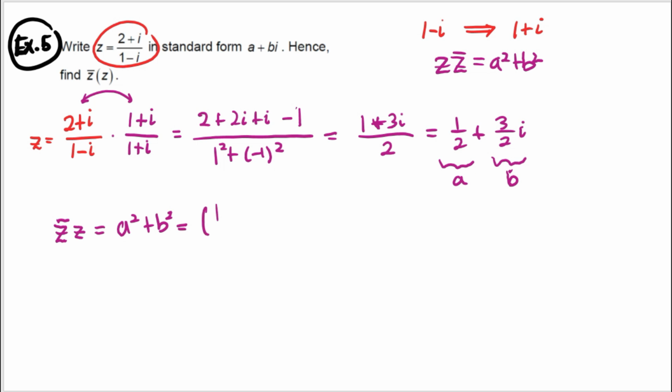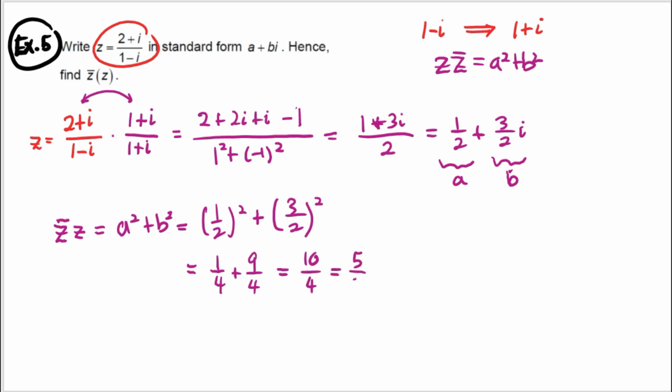So you'll have 1 over 2 square plus 3 over 2 square. So we have 1 over 4 plus 9 over 4. So this will be 10 over 4. So 10 over 4 will be given by 5 over 2 or 2.5. So that is a real number, also a complex number. So we get 5 over 2 is the constant there.